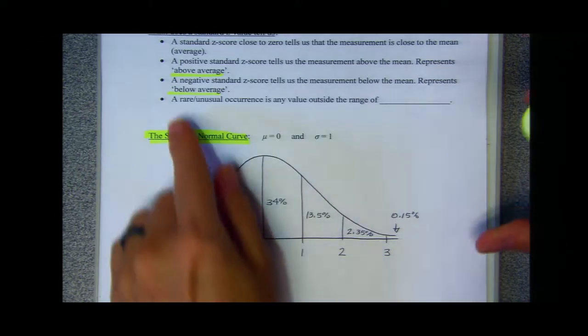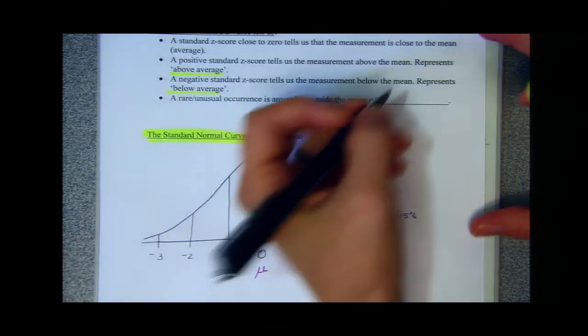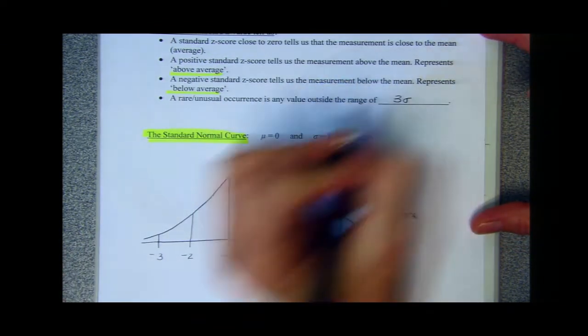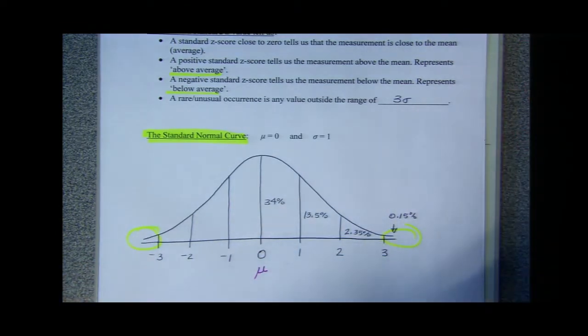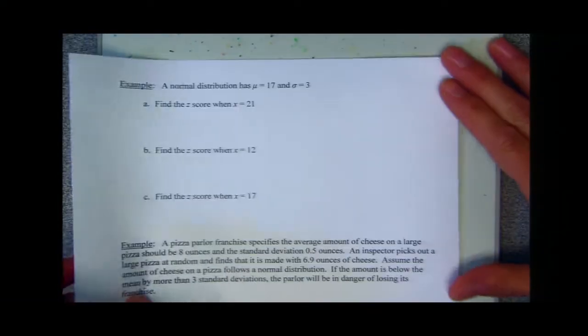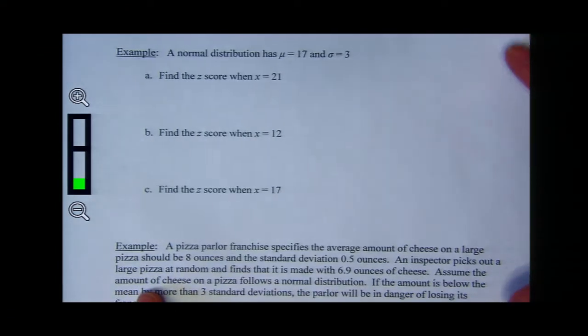Now, a rare or unusual occurrence is any value outside the range of 3 standard deviations. So here and here, that is not going to occur very often. So let's take that information. The only difference from 6.1 that we're now doing in 6.2 is we are looking at standardizing our values.